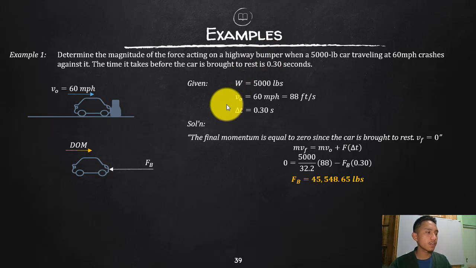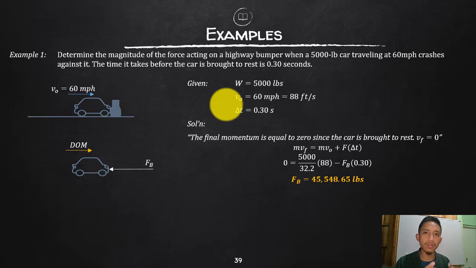So what do you expect there? There is an original body in motion, which is the car originally in motion at 60 miles per hour velocity. But since it crashes on the bumper, there will be a reaction of the bumper that will stop the car in motion, isn't it? So that is now an external force applied on the car, which is originally having a momentum.